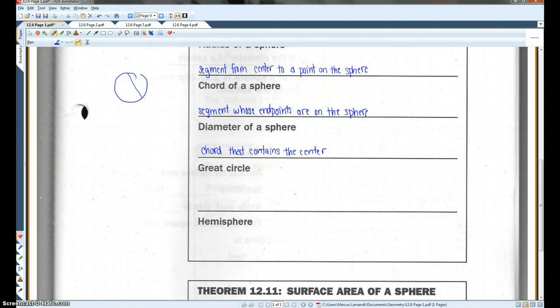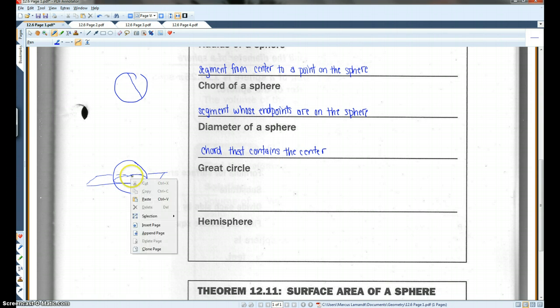A great circle: if you imagine a sphere that is intersected by a plane, and the plane contains the center, that is called a great circle.